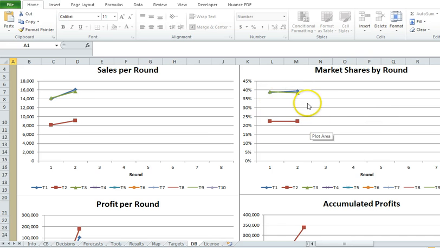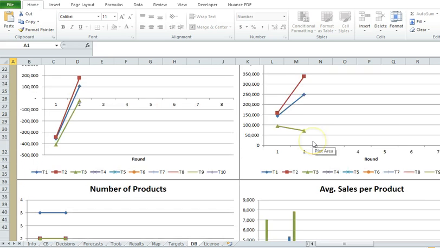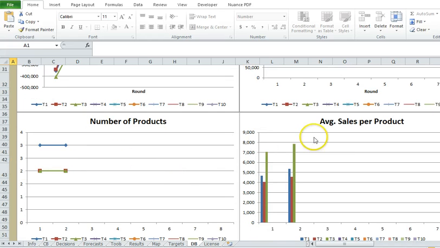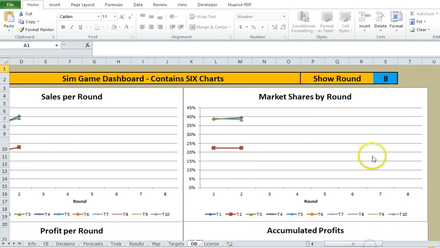Market share, okay, so it's always going to be a battle, so there's been a slight change there. Profit for the round: obviously we invested in the first year, and I hadn't changed anything for round 2, so we don't have those costs. Accumulated profits, how many products, and how much they're selling on a per product basis. So there's 6 extra charts for you. You can do some further analysis if you like.